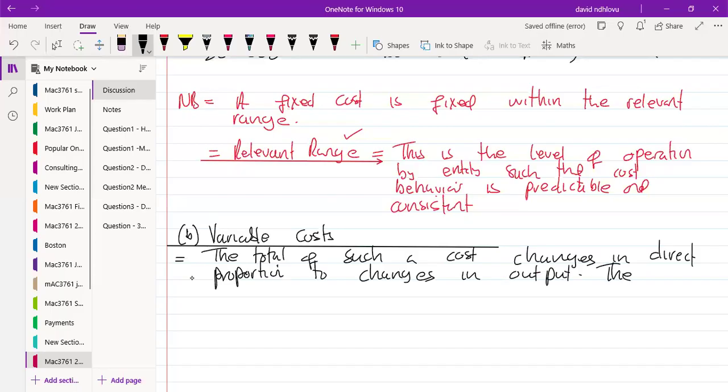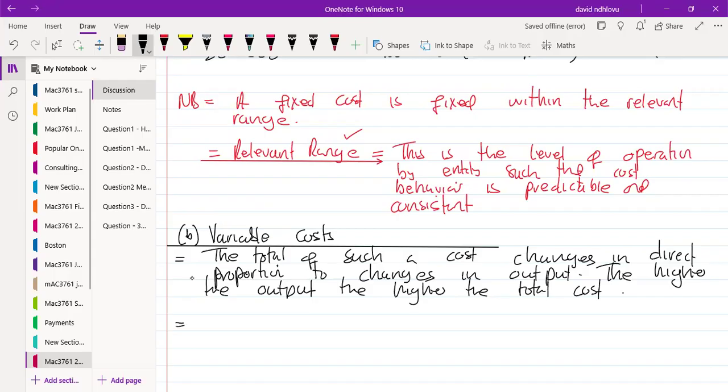So the higher the output, the higher the total cost. And the opposite is true. Which means the lower the output, the lower the total cost as well.